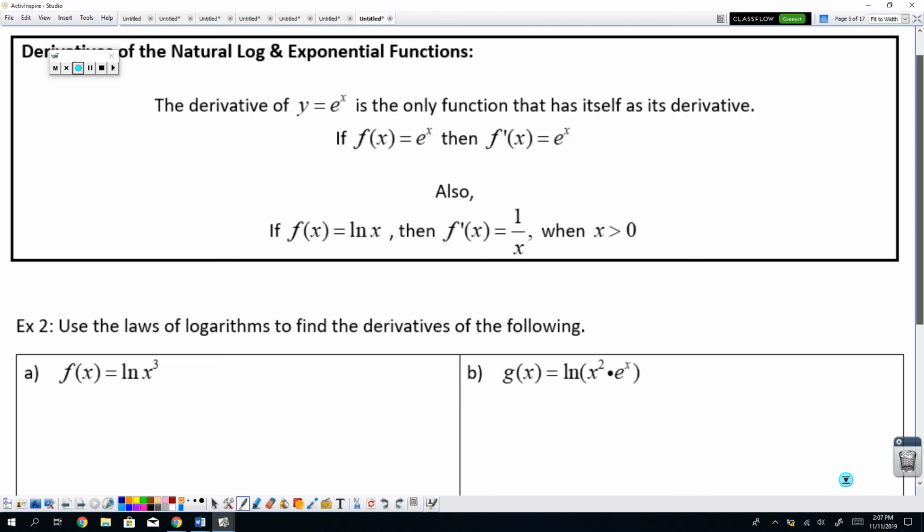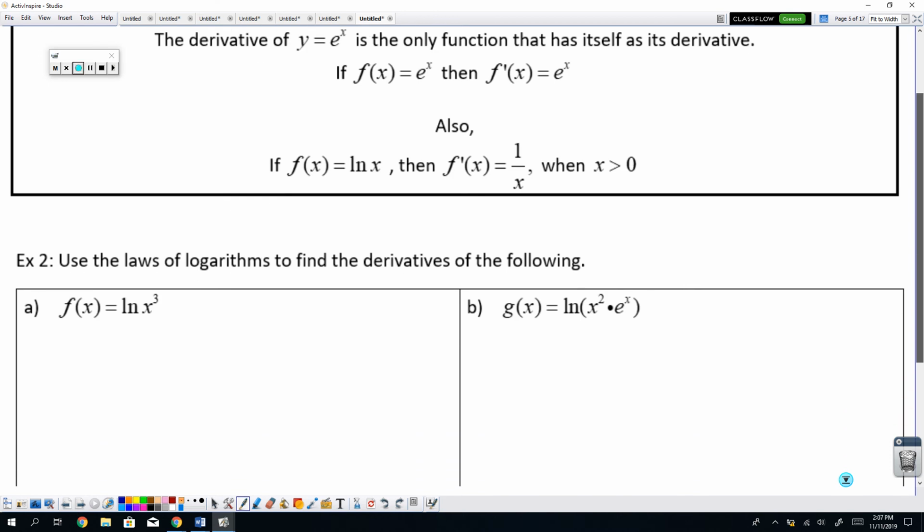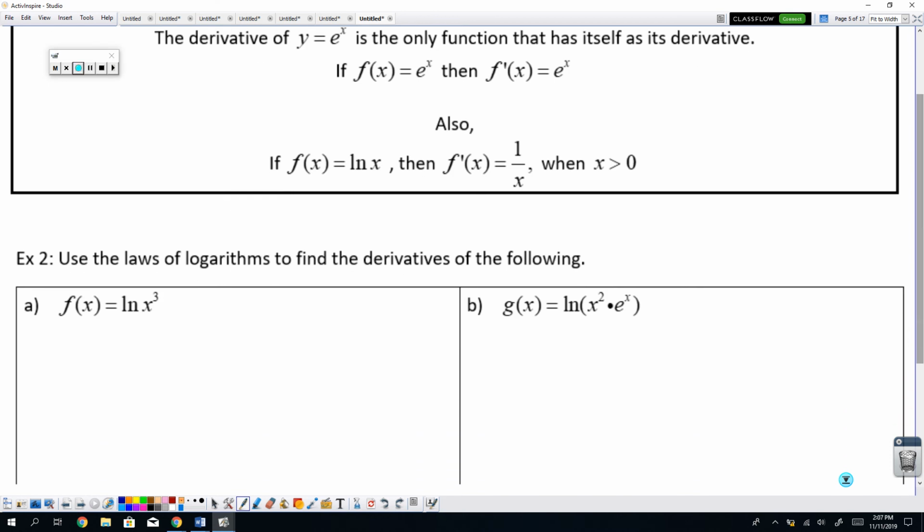Okay? Now, what we're going to do is practice with our natural log properties in order to do the next couple. It says use the laws of logarithms to find the derivatives of the following. The one thing that you have to remember in order to do these is how your exponents work, how multiplication works, and division works, because we're going to try to separate it. You have to always get ln x alone. So this is ln x cubed, so we need to move our 3 to the front.